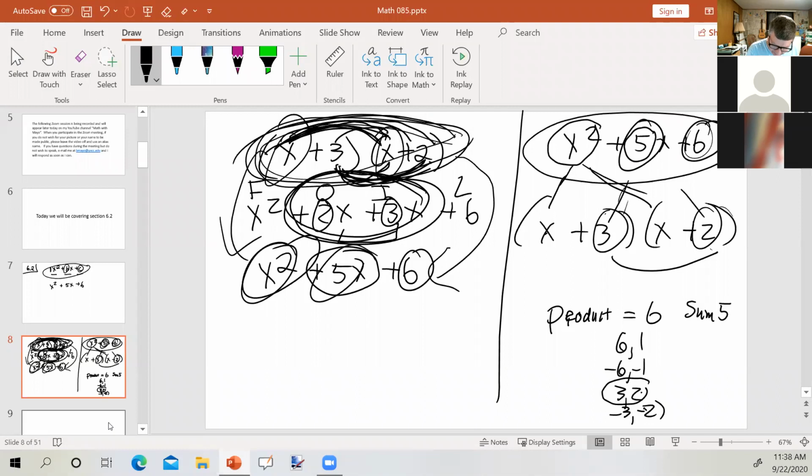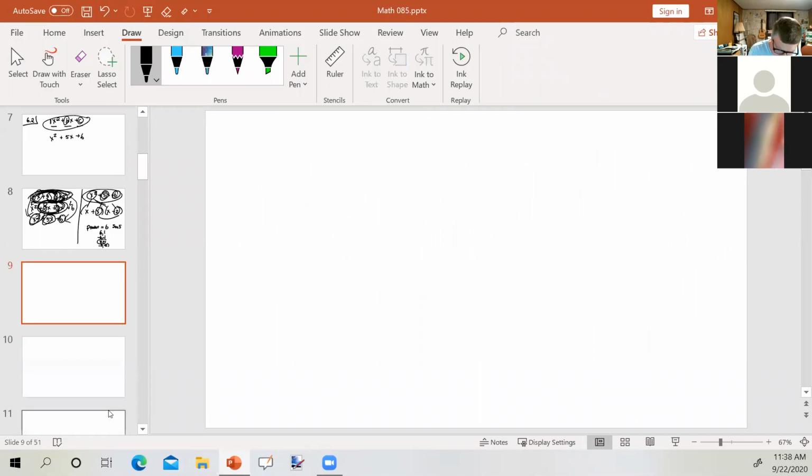Okay, so here is a new problem. Y squared plus 4y plus 3. The directions say factor. This is a trinomial with a leading coefficient of a 1, and it's in standard form or descending powers.